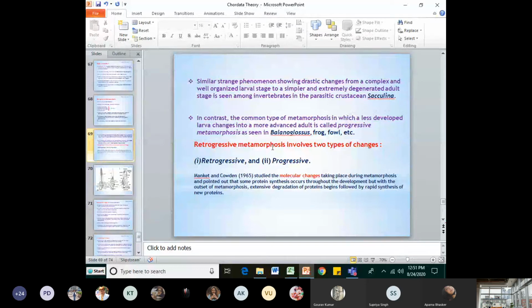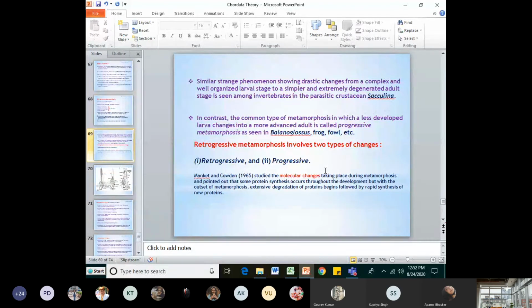So retrogressive metamorphosis involves two types of changes, some retrogressive changes and some progressive changes. This is another interesting thing: when the metamorphosis is retrogressive, why are progressive changes taking place in the larval body?